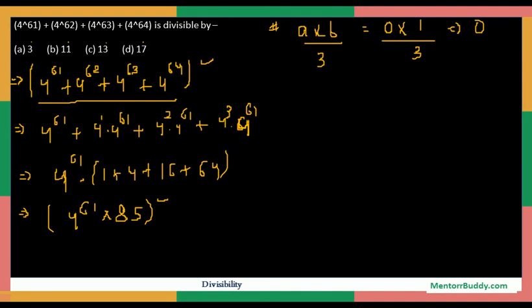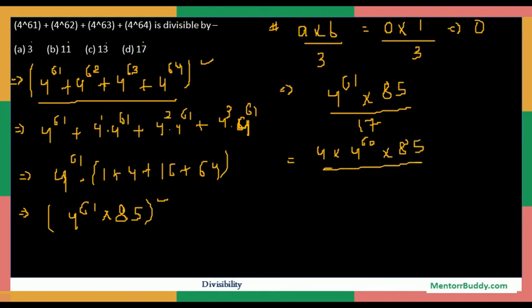So let's solve this. This will be 4 to the power 61 into 85, which needs to be divided by 17. This can be written as 4 into 4 to the power 60 into 85 divided by 17. So this will become 4 into 16 to the power 30 into 85 divided by 17.